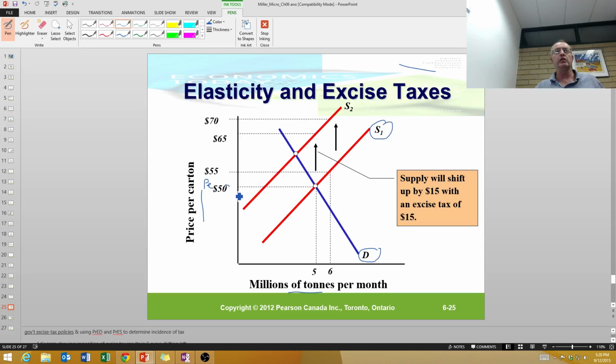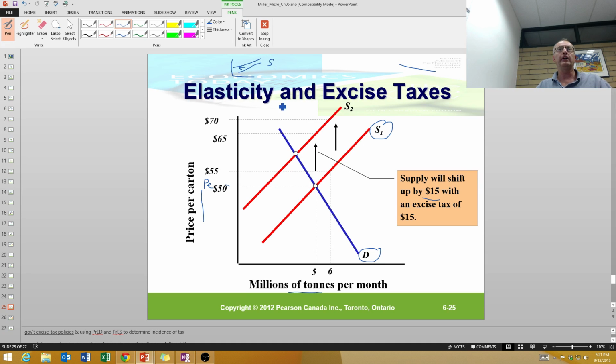And then the government comes along and says, we want to impose a $15 per carton excise tax on cigarettes. We saw in chapter 3, I believe it was, that when costs increase, so labor costs go up or raw material costs go up, the supply curve shifts to the left.